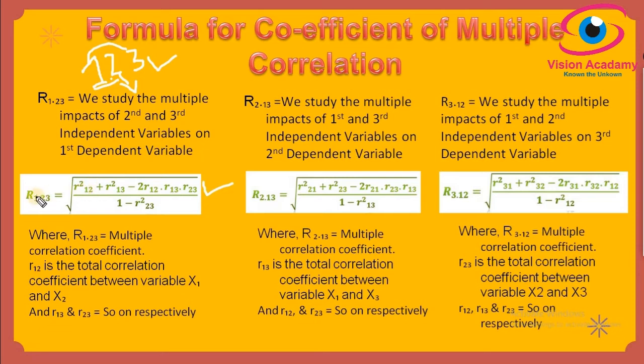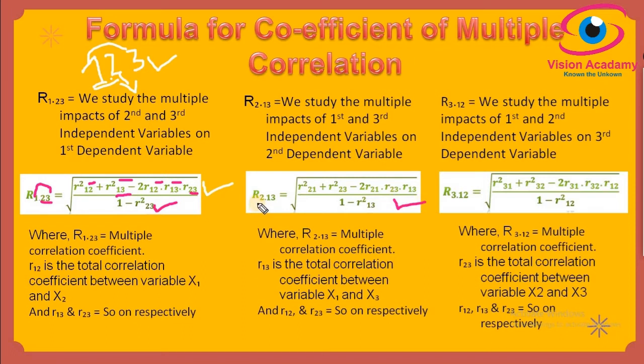We have taken the first two elements, R12, and next the first and last element, R13, which is squared first, then subtraction, then 2 is a factor in the formula, then again R12 and R13 repeat, and the remaining thing in this case is 2, 3. So 2, 3 at the end, and that is also used in the denominator, but in the denominator it is R square 2, 3. The same logic can be applied to all three options.